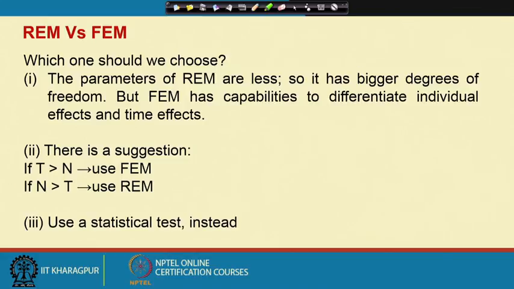When time length exceeds cross sectional length, then a fixed effect model will be more effective to study the individual farm impact, and when n is greater than t, then theoretically the random effect model will be more effective to justify the model, and then go ahead with the prediction structure.